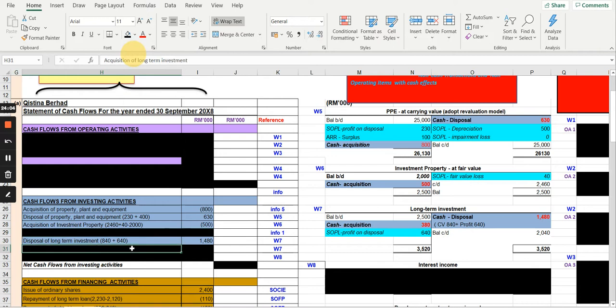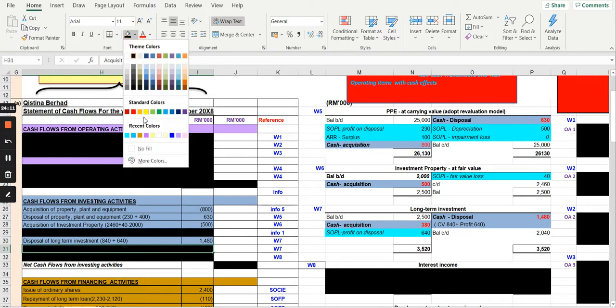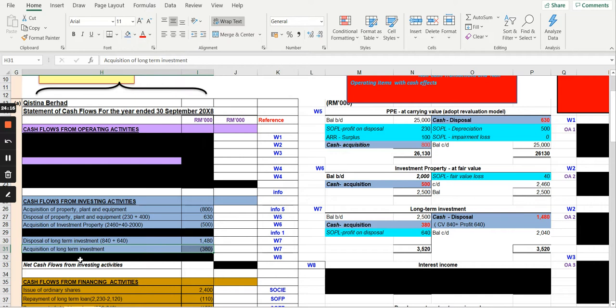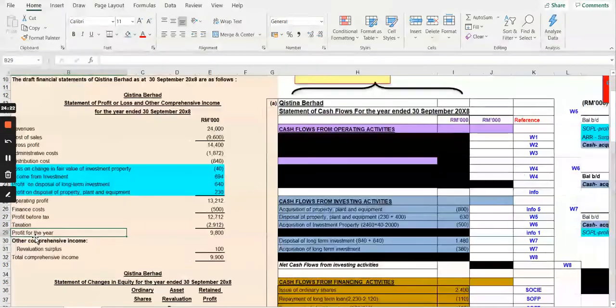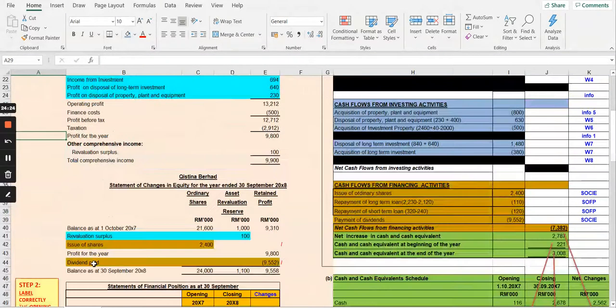You have two items there. One is the disposal, another one is your acquisition. Apart from that, you also have another item that is your intangible assets.